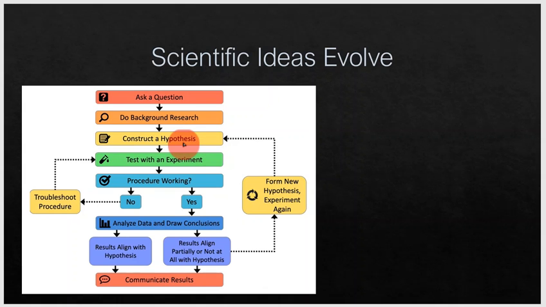Then you can go and test your hypothesis with an experiment. For example, Galileo had a hypothesis that the moon wasn't a perfect sphere. How did he go about testing that? He carried out an experiment. He looked at the surface of the moon using a telescope, and with just direct observation, he was able to see that the moon wasn't a perfect sphere.